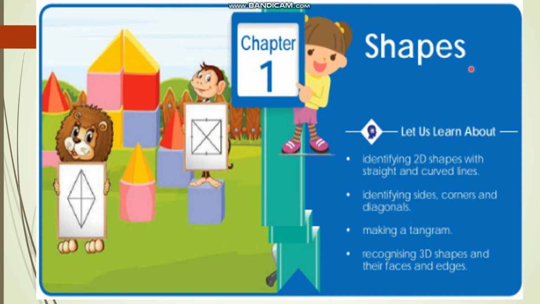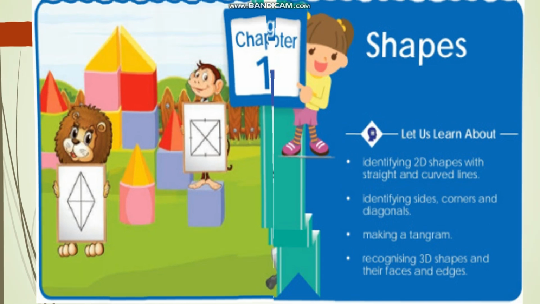In this chapter we will study identifying 2D shapes with straight and curved lines, identifying sides, corners and diagonals, making a tangram, recognizing 3D shapes and their faces and edges. My dear children, all these topics we will learn in this chapter.